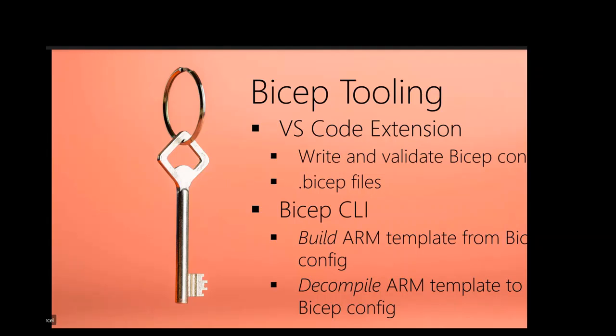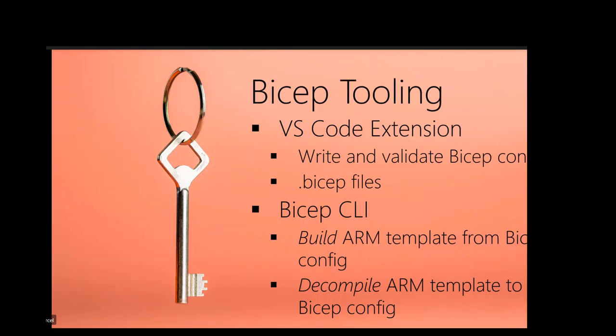Now, before you start your Bicep journey, this is the tooling that you need to understand or that you need to have installed. So first, if you use Visual Studio Code as your IDE, it's very helpful if you install the Bicep extension. This gives you a good development experience for Bicep files, and it also validates your Bicep files.